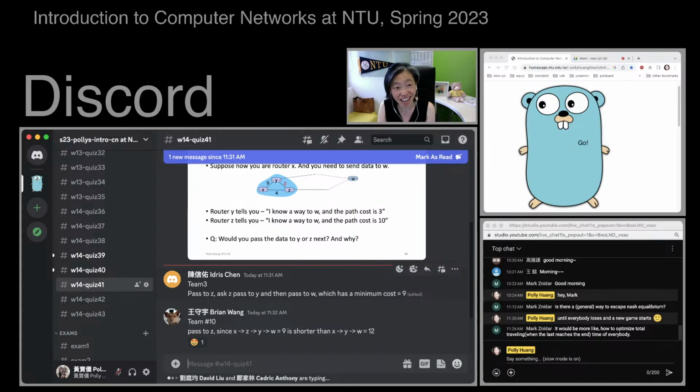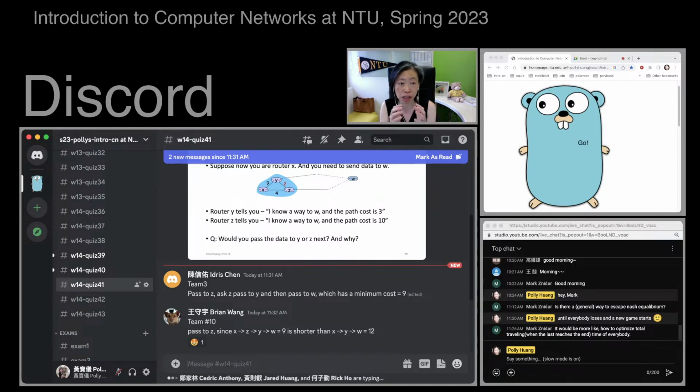Okay, that's the best knowledge this time. So you see, through these 3 quizzes, iteratively, as you know more and more, you come up with a better and better path. All right. So that is the point of distance vector routing as well.